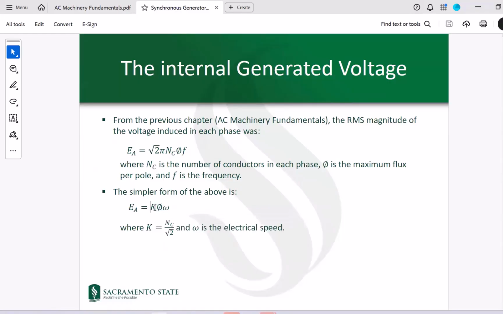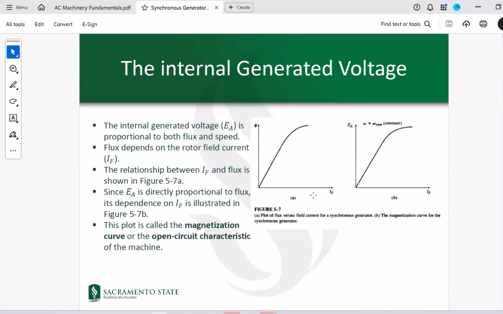This K is a constant. Since omega in synchronous machines must be constant, you really have one curve that is drawn at your nominal or rated omega. And based on that, you can relate phi to IF, or EA to IF, because of the synchronous speed, which is the constant rotational speed of the machine.